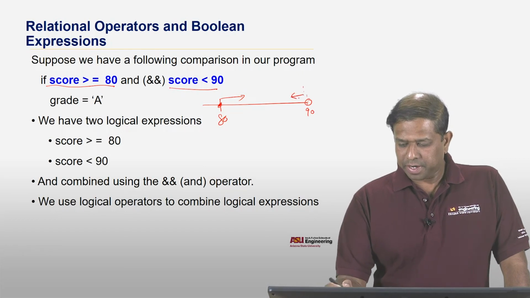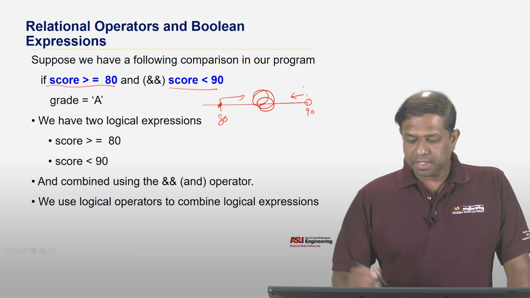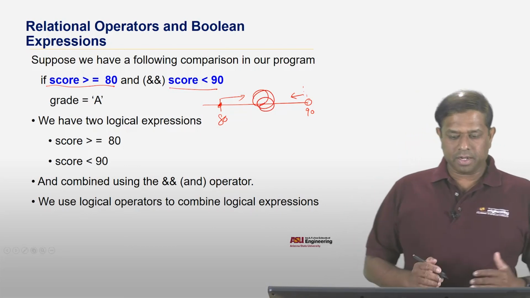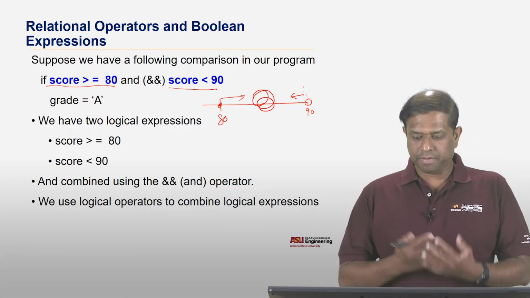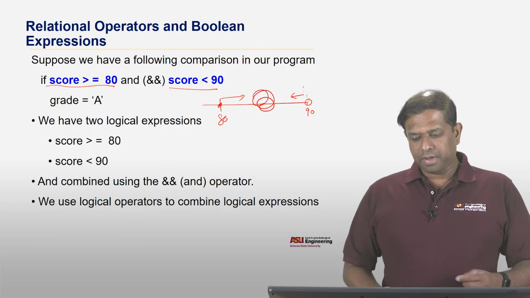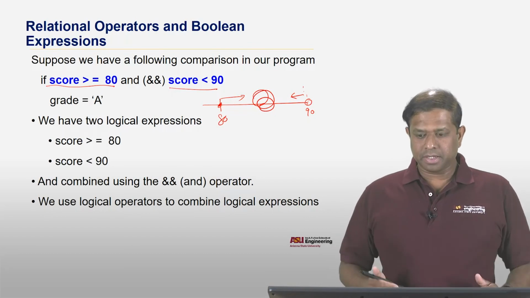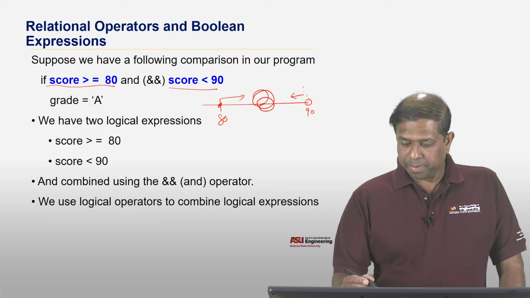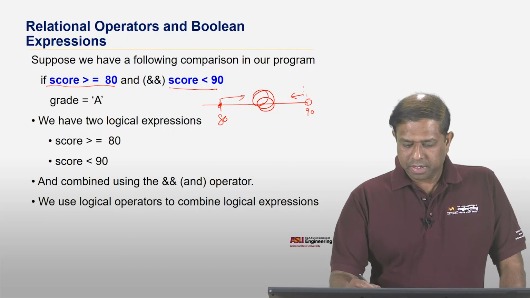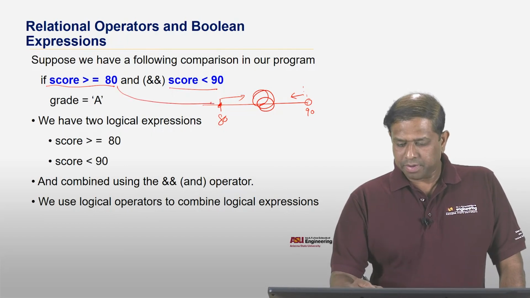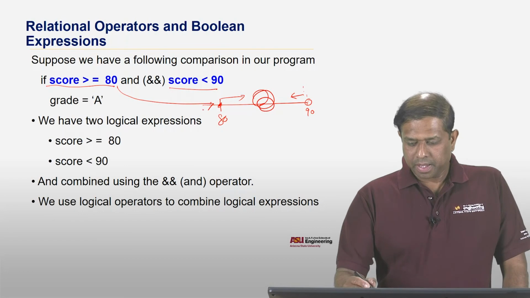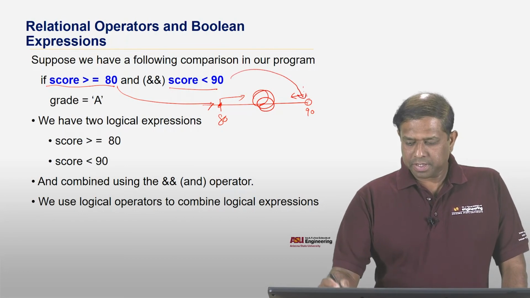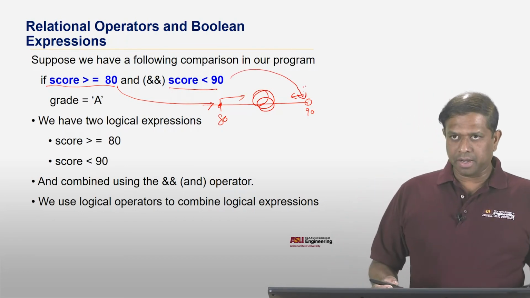If we go in this direction, any number in this direction will result in grade A for this particular student. Now, in order for us to do this comparison, we have to make two comparisons. We need to make sure that the student score is greater than or equal to 80, and the second comparison is that the student score is less than 90.